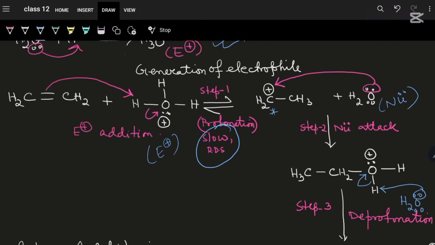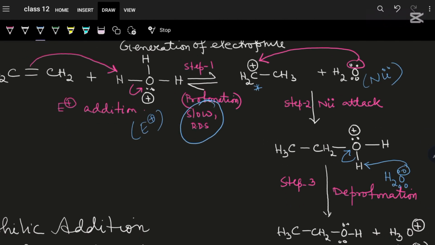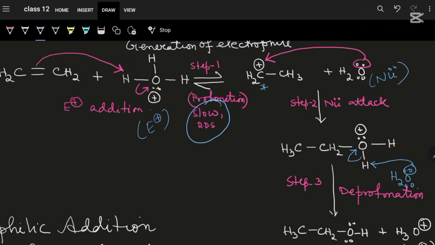So this is the mechanism of formation of ethanol from ethene, which is very frequently asked in board exams. Or maybe the mechanism is given, the arrows are also given. You are supposed to find whether there is any error and rectify the error.